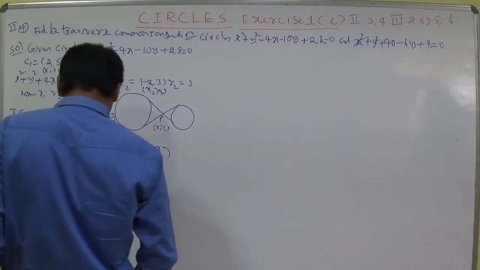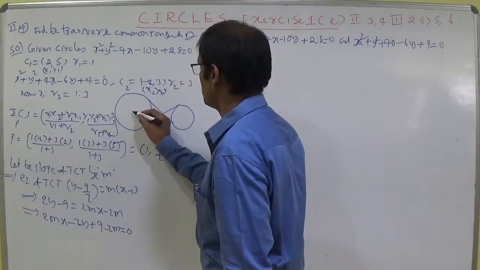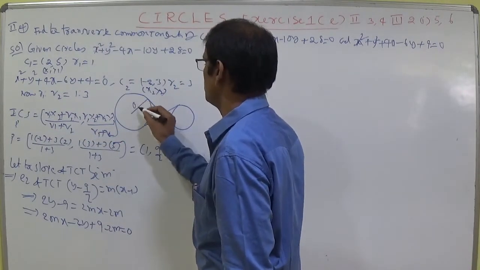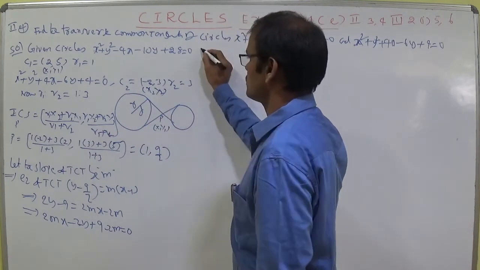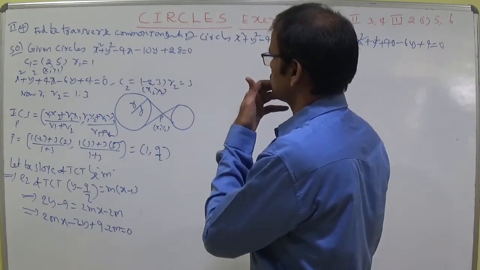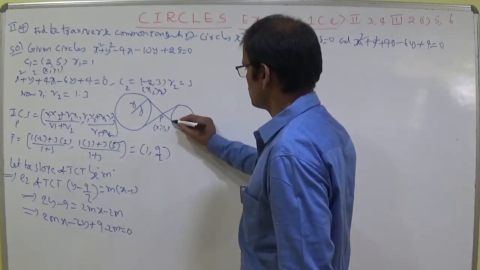If this is a tangent to the circle, use the condition r is equal to d for the first circle or the second circle, anything. I think the second one is easy.